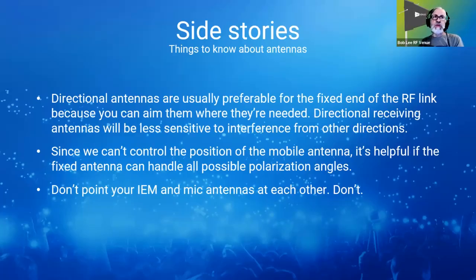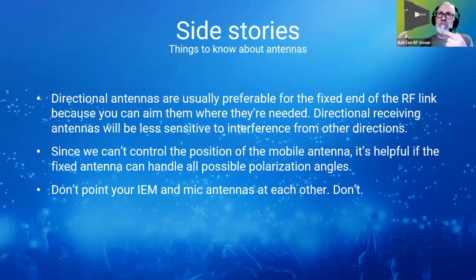So also, since we can't control the position of the mobile antenna, it might be at some weird angle. We can't tell the singer to hold the mic upright. We can't tell them that they can't twist or turn with a body pack receiver or transmitter. So it's helpful if the fixed antenna can handle all possible polarization angles.